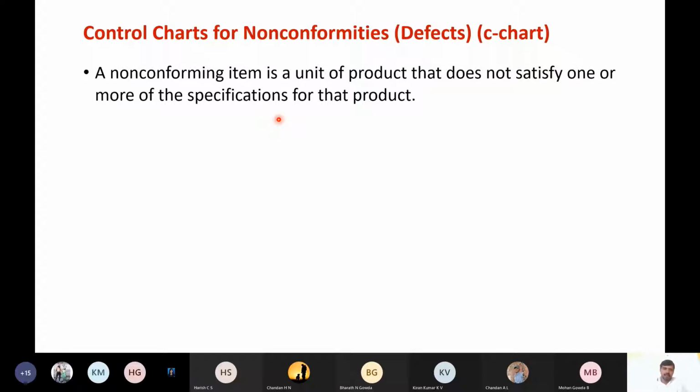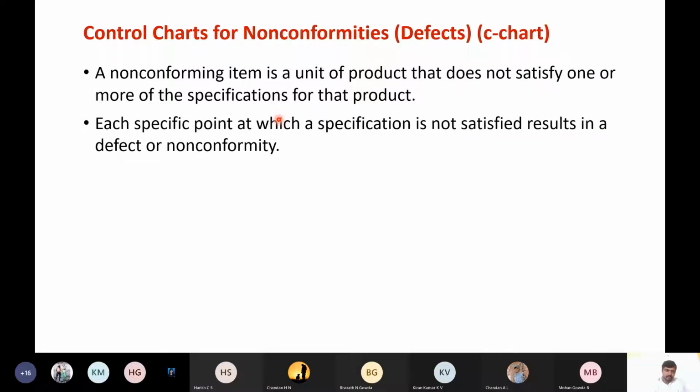If the product doesn't meet those specifications, then we consider the product manufactured is defective or non-conforming. It is not matching with the standards.